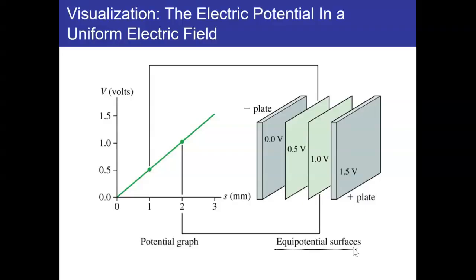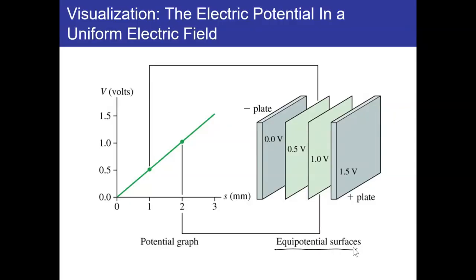So, you know, this system is really a three-dimensional system. We have these two-dimensional plates separated by some distance. And so another way to do this is to say, well, let's look at a particular distance. Let's find all the points at that particular distance. In this case, if I'm 1 millimeter away, my voltage should be 1/2 volt. Right? So I can draw a surface at all the points which are 1 millimeter away.